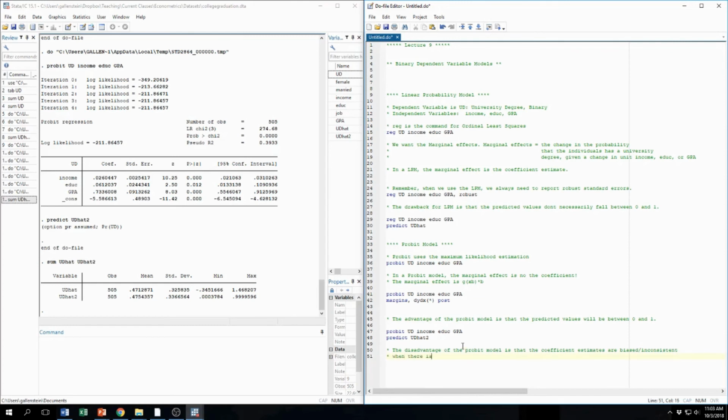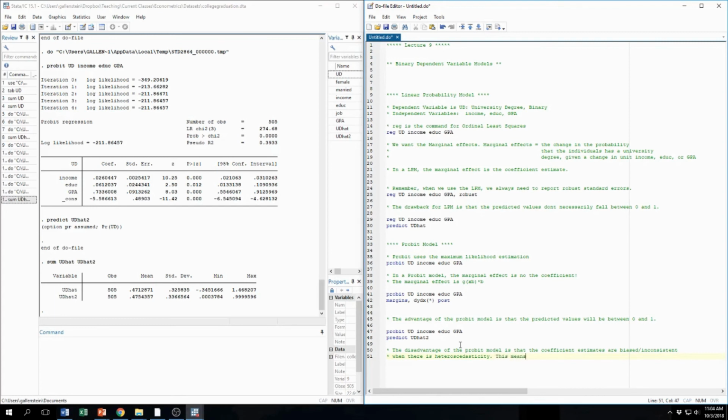When there is heteroskedasticity. Now remember, heteroskedasticity is not a major problem for an ordinary least squares estimate because I can use the robust standard errors. But when I use the Probit model, estimated using maximum likelihood, heteroskedasticity actually causes bias in the coefficient estimates themselves.